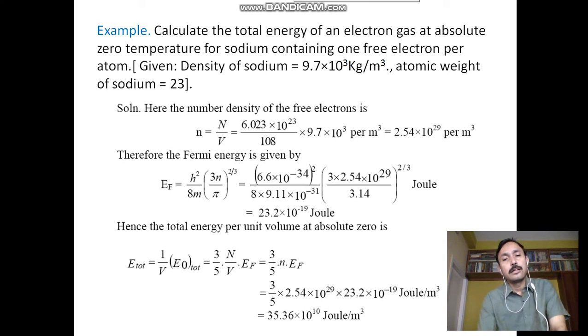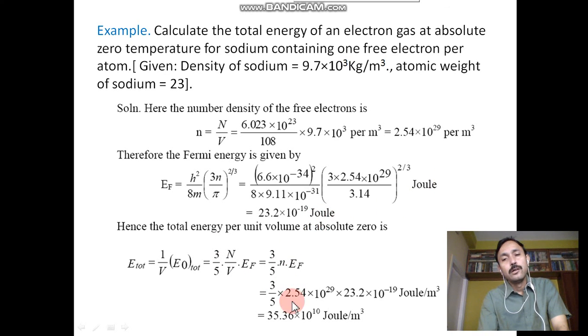Hence, the total energy per unit volume at absolute zero is equal to, this is the total energy per unit volume, 1 by V. We know the average energy is 3 by 5 EF. For n number of electrons, it is n into 3 by 5 EF. Per unit volume means 1 by V, so this one means again small n. So 3 by 5 small n EF.